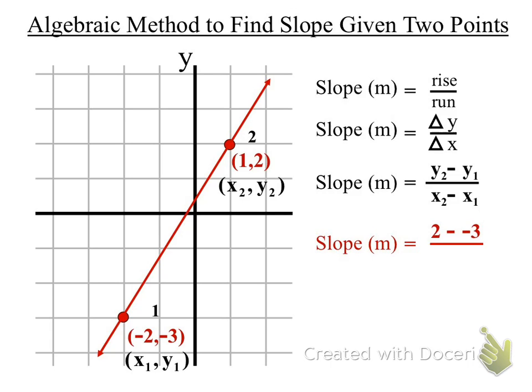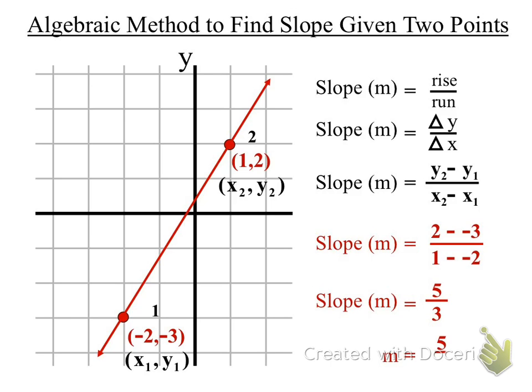Then what do I write? The 2. What about this? Oh, -2. Minus, and then the first x is what? -2. So how many negatives am I having in that denominator? 2. So how should it read? 1 minus -2, which makes 1 plus 2. 1 plus 2 is 3, and 2 plus 3 is 5. 5 over 3.